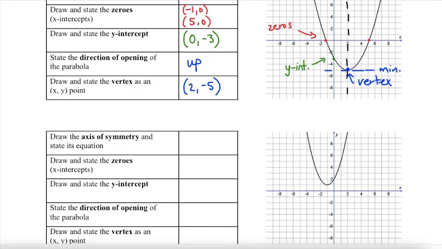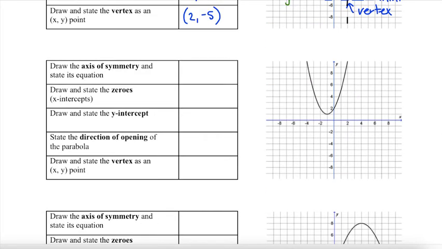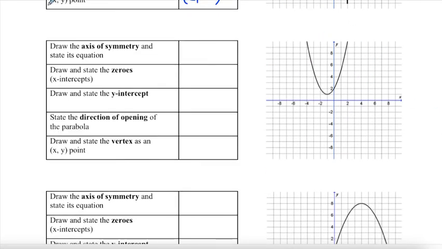Let's do a few more examples. Here's my other parabola. So let's start. It's easier, again, to find the y-intercept first. So there it is right there. There's my y-intercept. So it has a point of 0, 2. Now I want to figure out what the x-intercepts are.